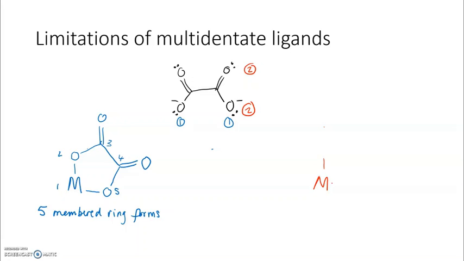Now in this case, we've again got our metal bonded to the two oxygen atoms, but these are bridged only by one carbon in between them. So that would be what our complex would look like. Now, you can see straight away the difference here. Here, rather than having a 5-membered ring, we've got a 4-membered ring.